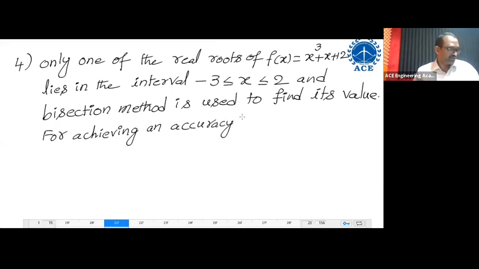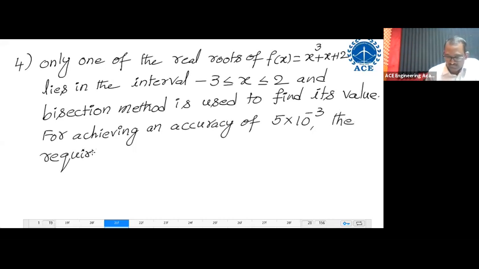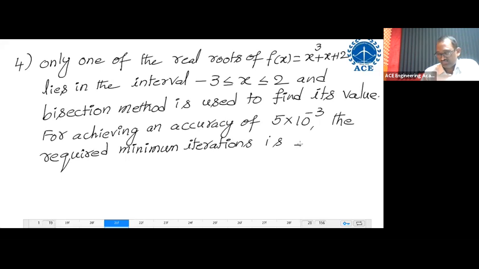For achieving an accuracy of 5 into 10 power minus 3, the required minimum iterations is dash. So tell me the answer if you have already found it.